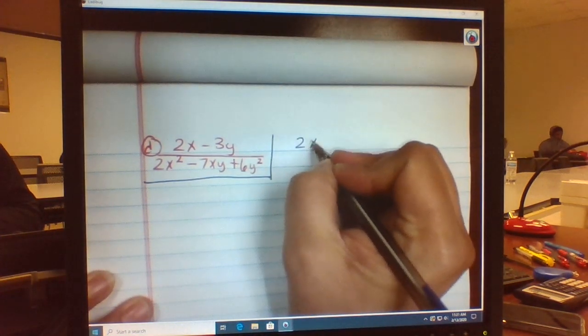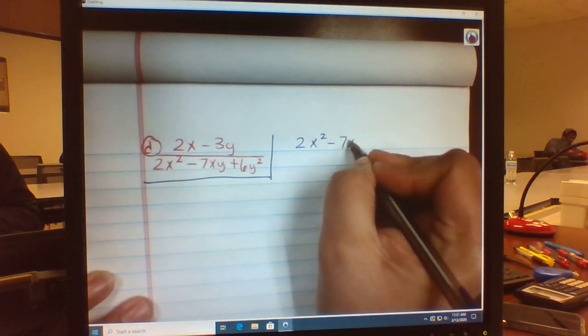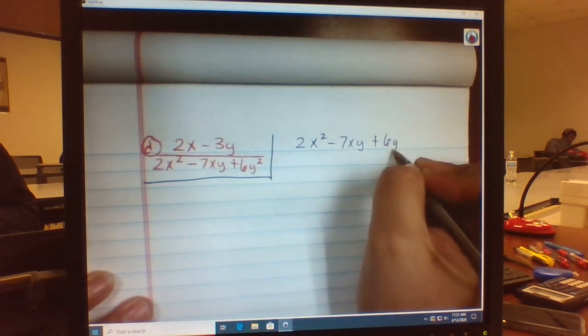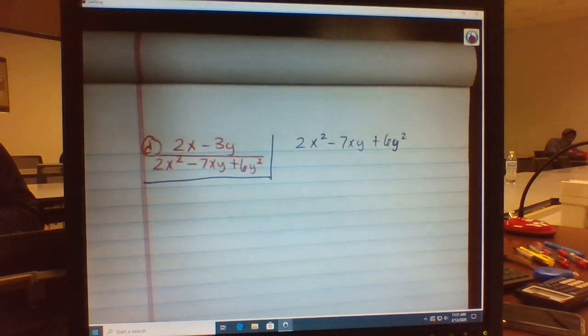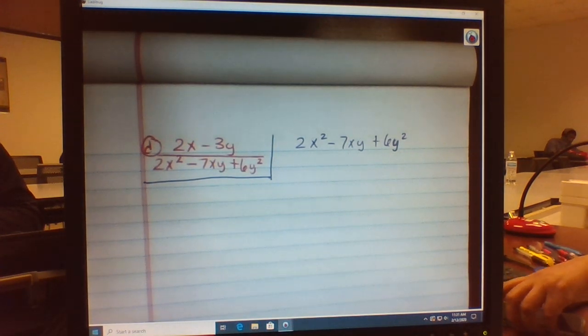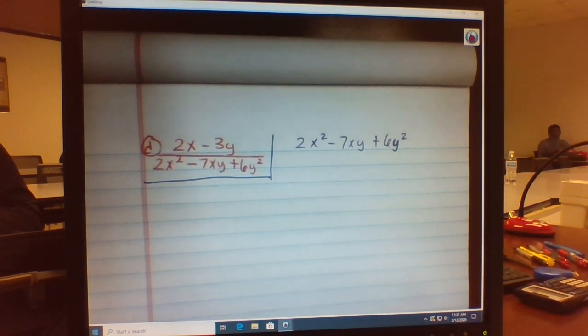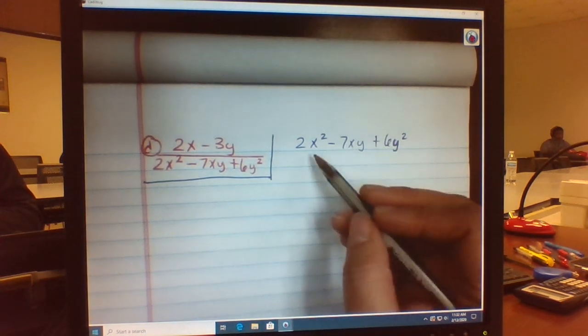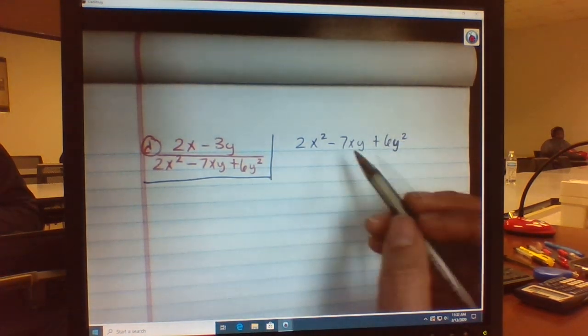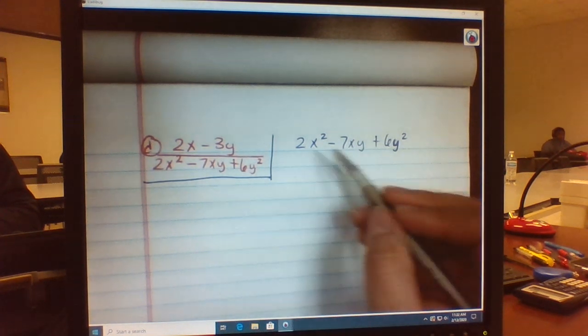So I have a 2x squared minus 7xy plus 6y squared. Now, can you factor anything out there? Nope.